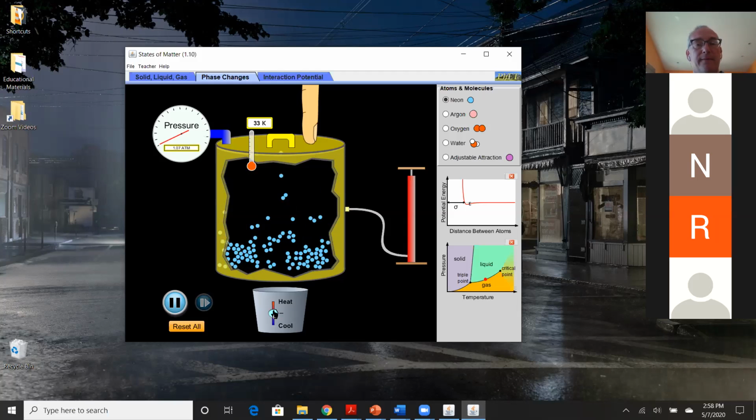That's what you need to remember. That's how you're going to know. So what's the definition? Anyone remember what the definition of the boiling point is?